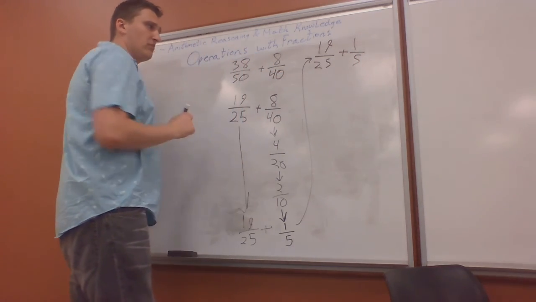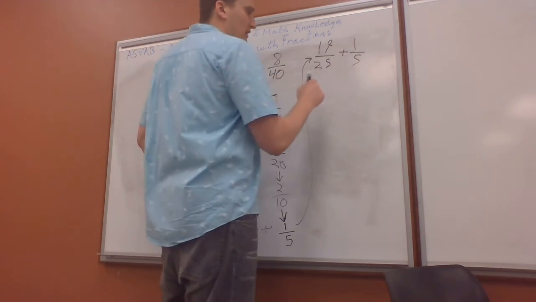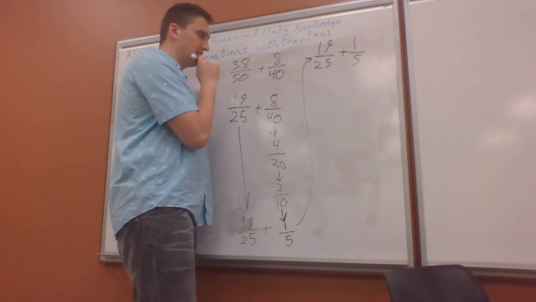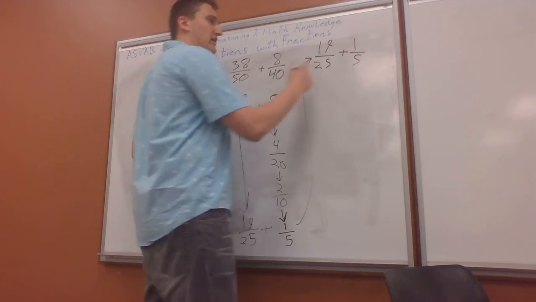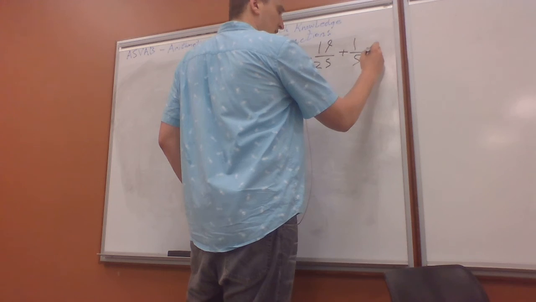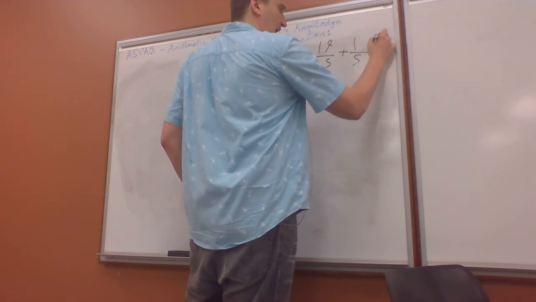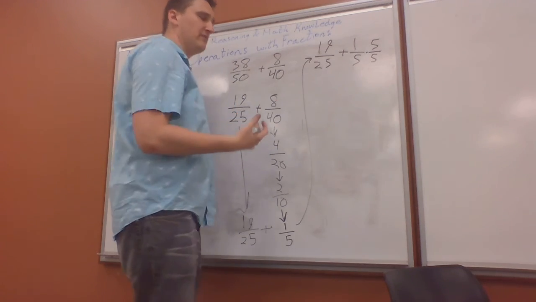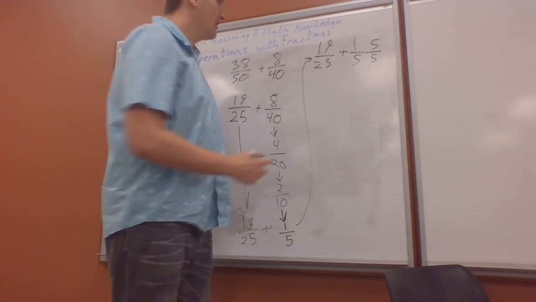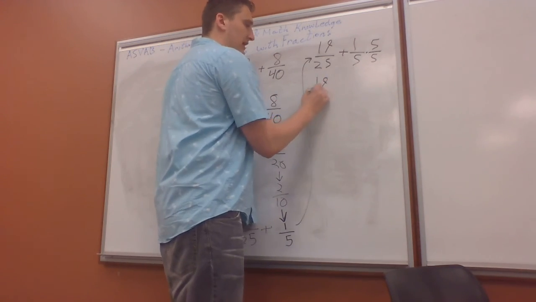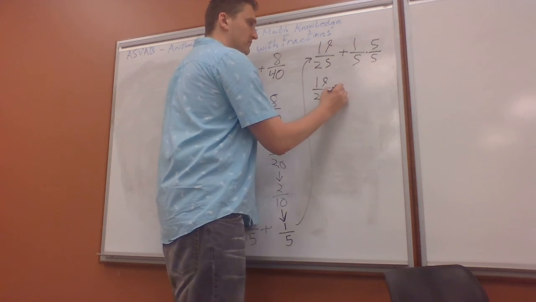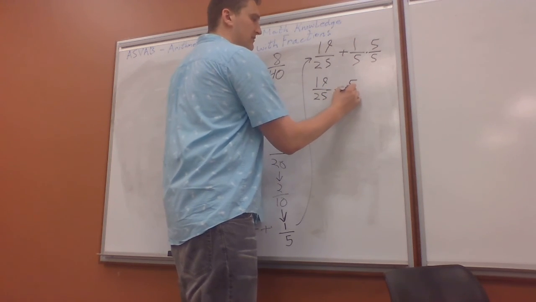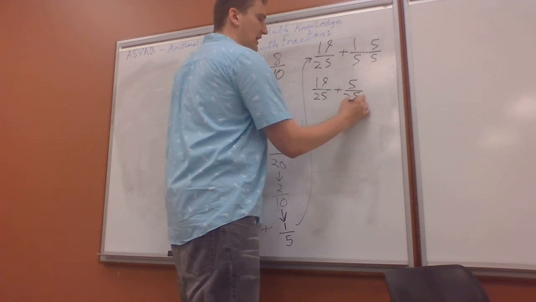And I want to scale it up without changing the value of that 1/5. 5 times what is 25? Hopefully you answered 5. So times 5 over 5, because if I multiply by 1, I don't change the value of it. So my next step, 19 over 25 plus 5 over 25.